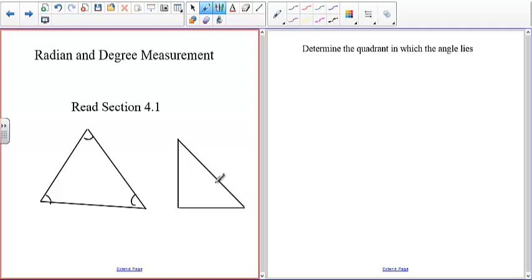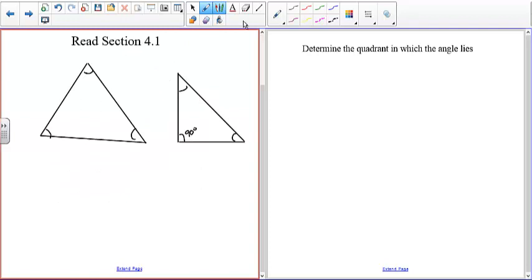Remember, from geometry, the sum of the interior angles has to equal 180 degrees. So if this one's 90, then these two remaining angles have to be less than 90 because the sum has to be 90. And then you have an obtuse triangle.